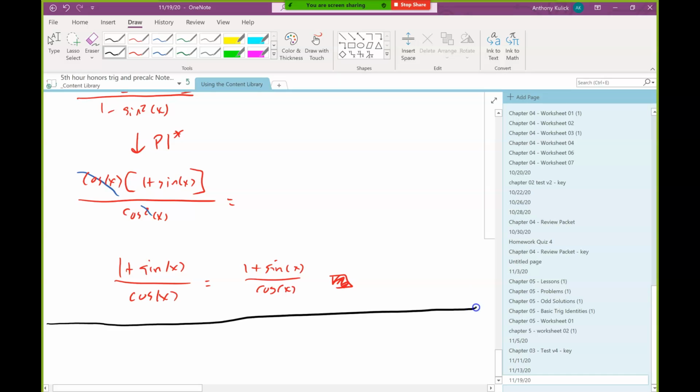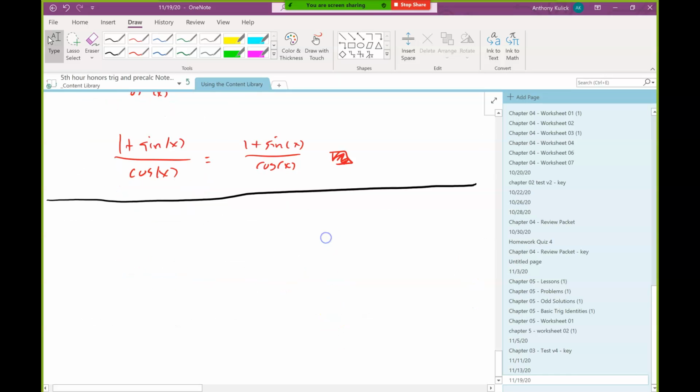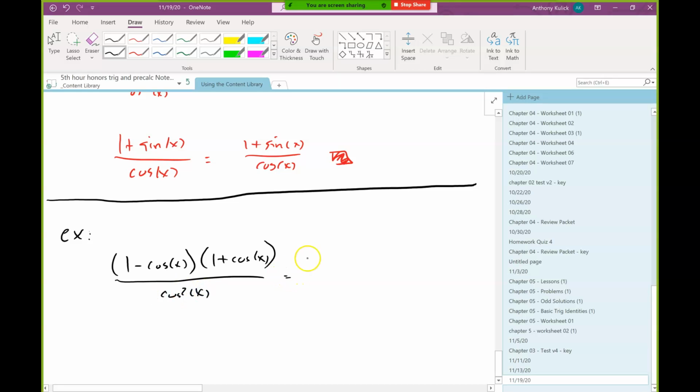So if we move on to our next example. I have (1 minus cosine x) times (1 plus cosine x) over cosine squared x is equal to tangent squared x.